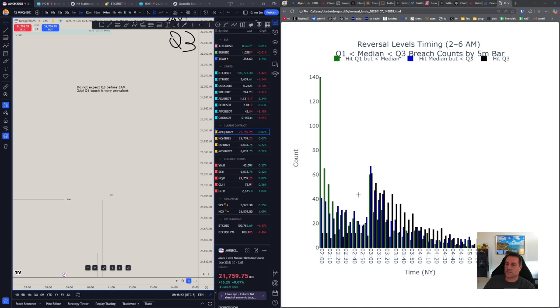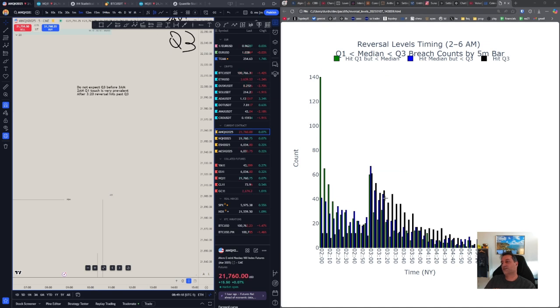And then the longer we go, let's say after 320, it seems to me that after 320, if it reverses after 320, the reversal hits past Q3.